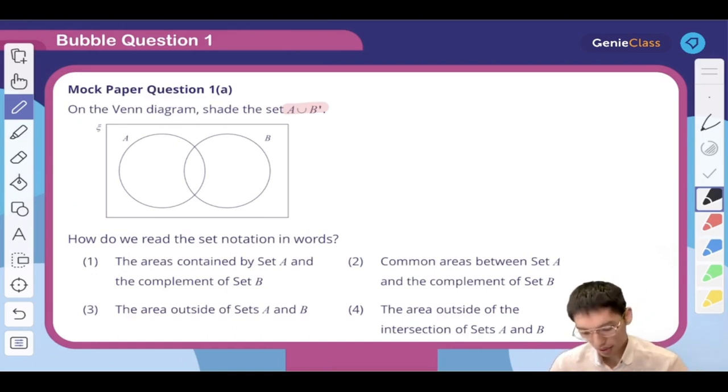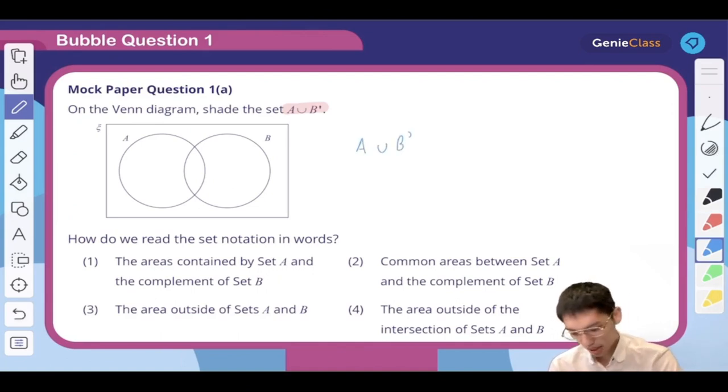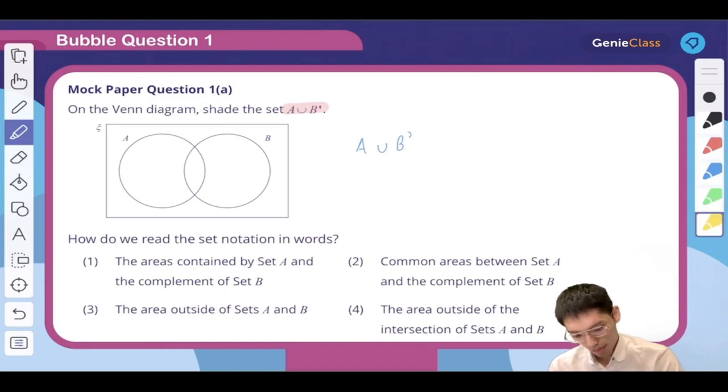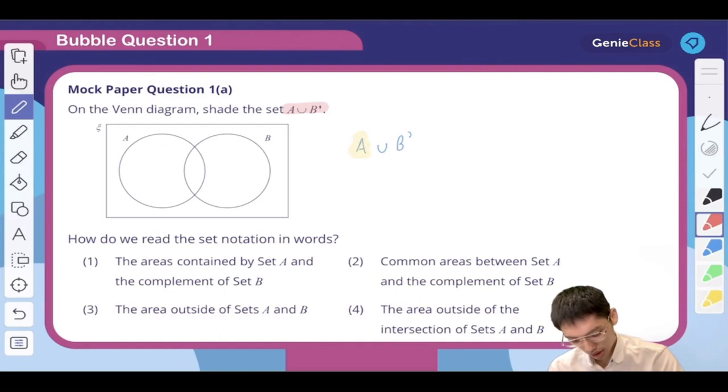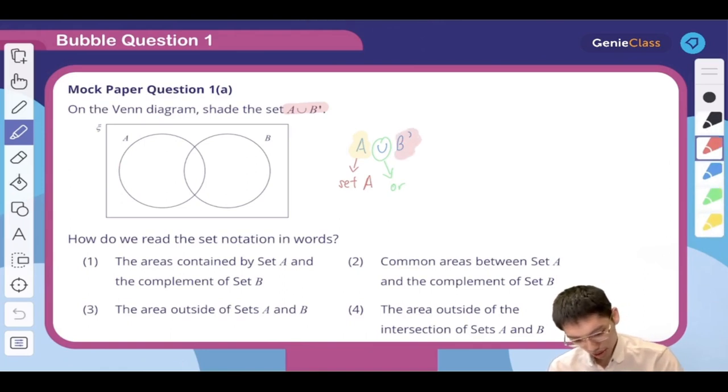But let's see what it means first. If I'm looking at A union, I'm looking at all the things that are contained inside. So A union B prime, what does it mean? In this case, I'm looking at set A, and this is or. In this case, I want to highlight the other set, B prime, so in this case, the complement.